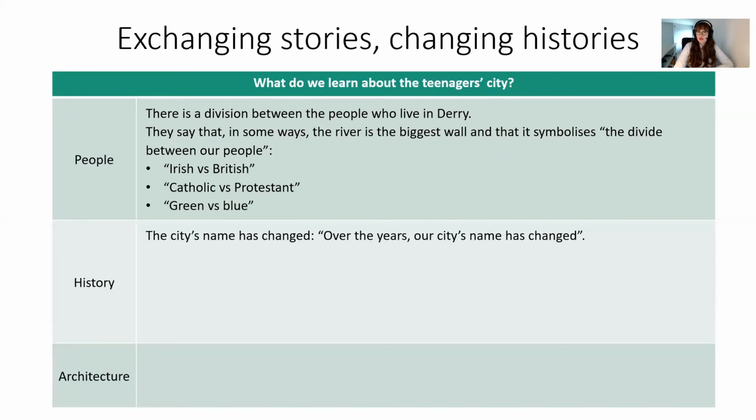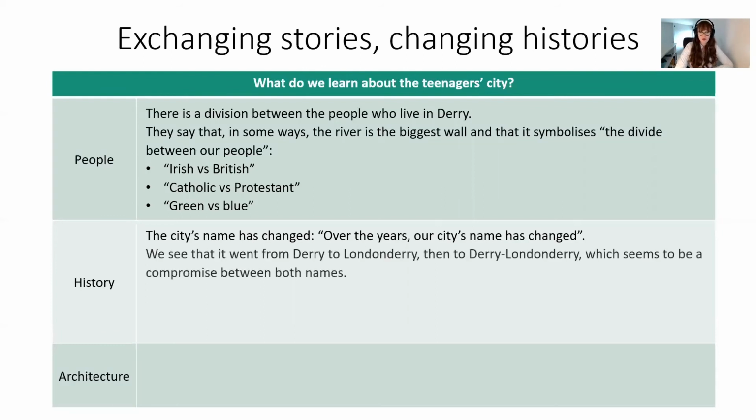What about the history? Well, we know that the city's name has changed. We saw it on the screen. They say over the years, our city's name has changed. We see that it went from Derry to Londonderry, then to Derry Londonderry, which seems to be a compromise between both names.